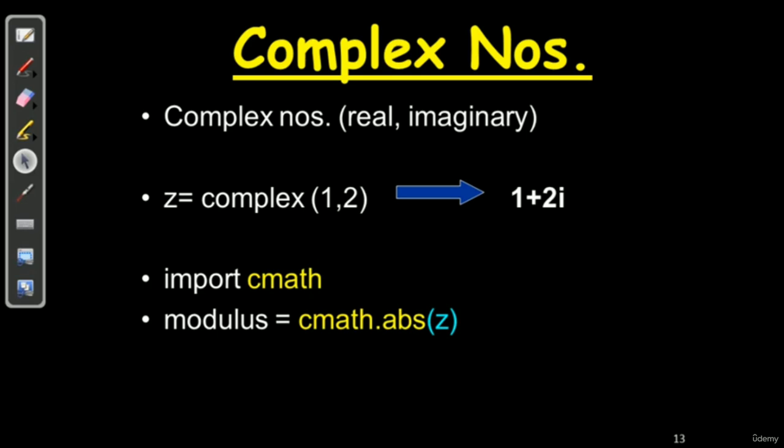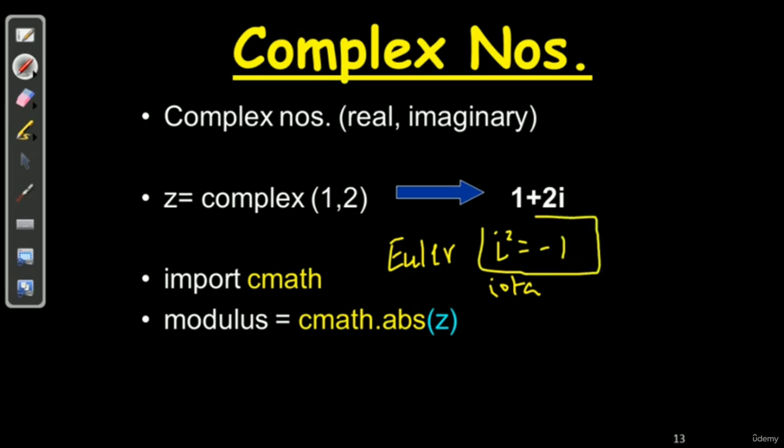So Euler, king of modern mathematics, gave us something called i, which is iota. Its name is iota, I-O-T-A, and the value of i square is -1. In classical or real number mathematics, we have never studied that anything squared can be negative.